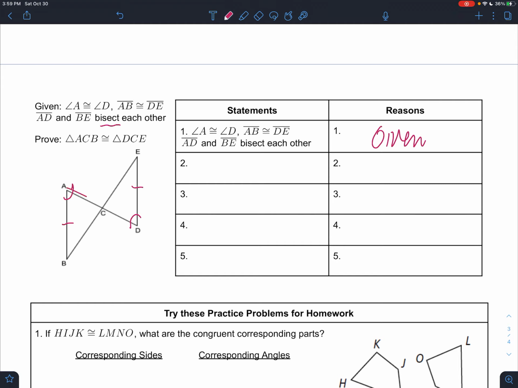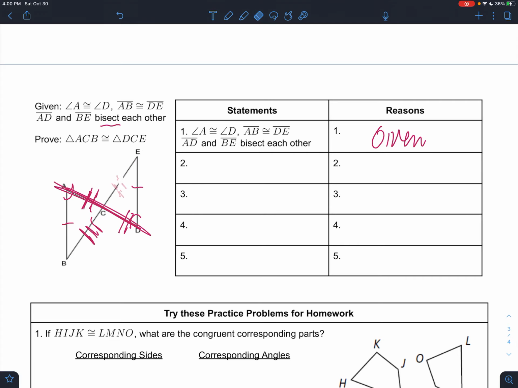What does it mean that this length and this length bisect each other? Well, what it means is that these two parts here, these and these, they're equal. They get cut in half, or that's what bisect means.